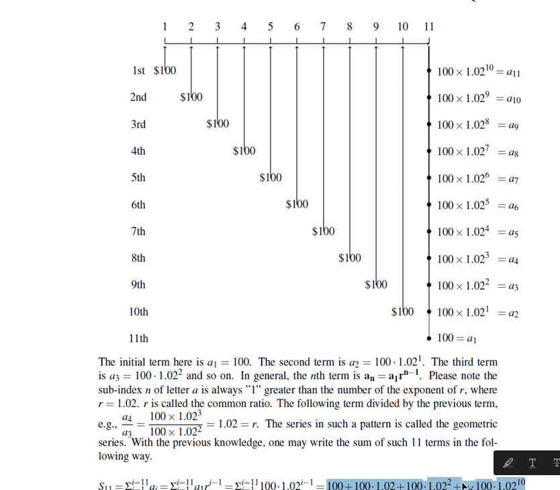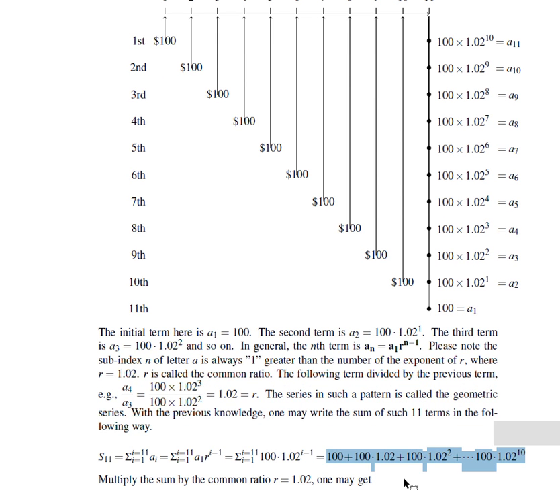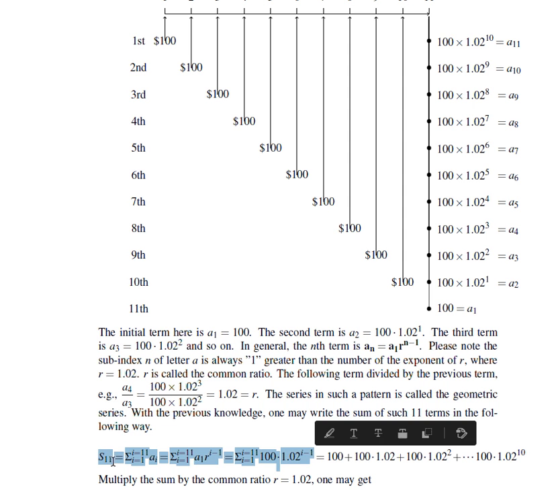To understand this general formula, don't be scared. 11 terms. S stands for sum. That's 11 terms, from 1 to 11. So that's why here i runs from 1 to 11. Okay, Ai stands for A1, A2, A3.